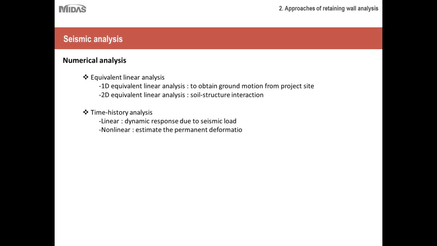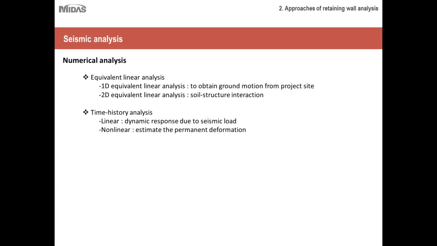If equivalent linear analysis was there, then why did engineers feel the need for time history analysis? Time history analysis is useful for determining the dynamic response of the structure. Linear analysis, as the name suggests, is linear and doesn't take into account the dynamic effects.